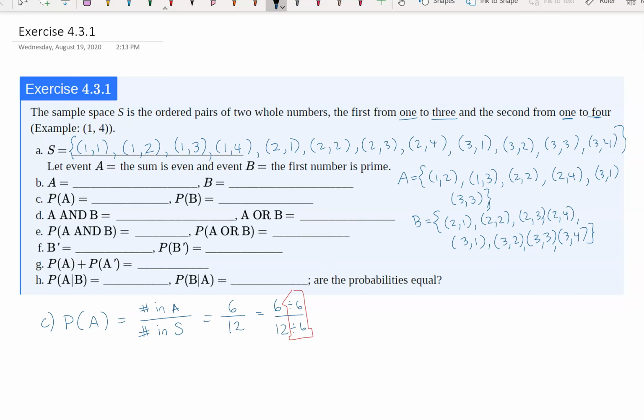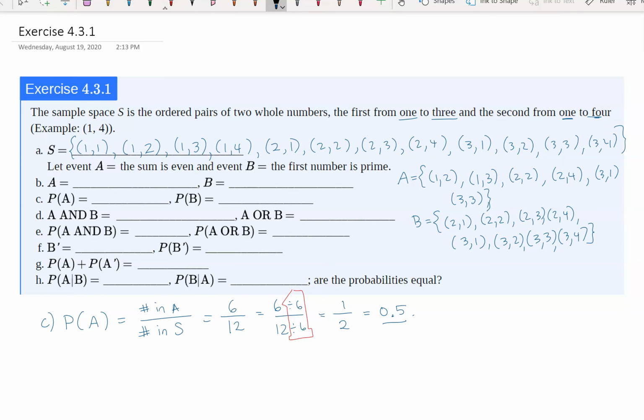And because I'm multiplying by 1, I'm not changing the problem. I'm just changing the look of the problem. So 6 divided by 6 is 1, 12 divided by 6 is 2, or you can just stick it into your calculator, you get a decimal number, 0.5. It's 1/2. So the probability of getting an outcome from A is 1/2.